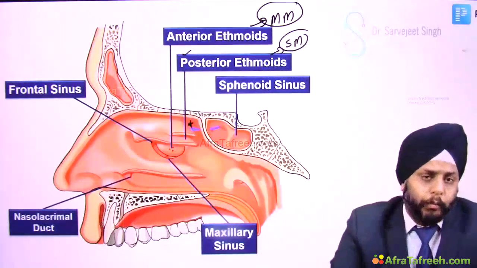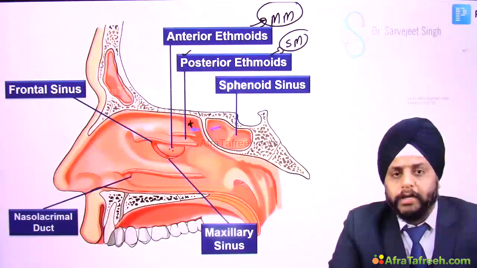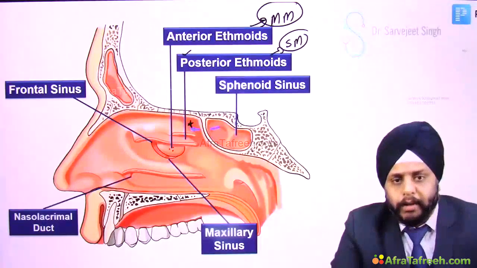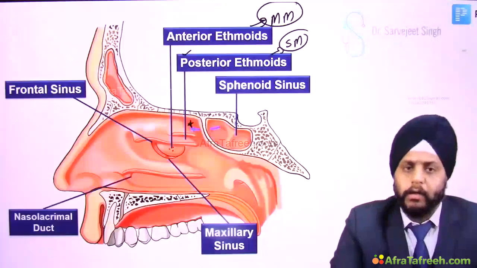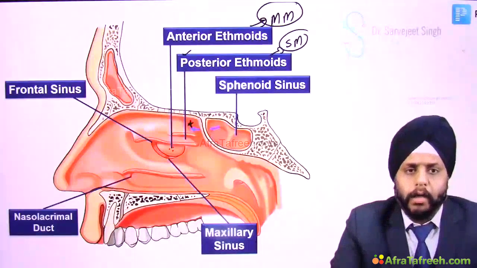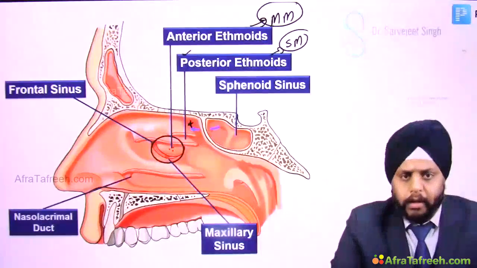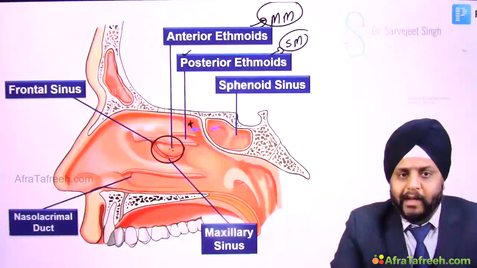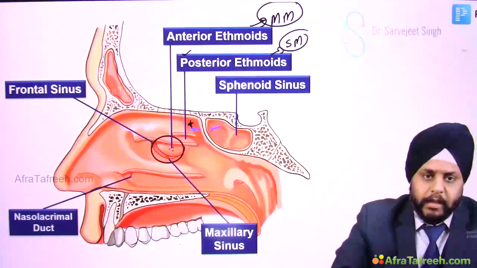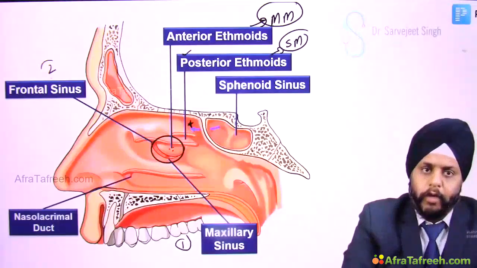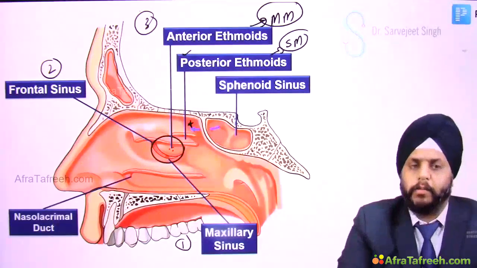So if there is a supreme turbinate, then the sphenoid sinus will be opening in supreme meatus. Otherwise, it usually opens in sphenoethmoidal recess. Right? Okay. So remember, in the middle meatus, 3 sinuses are opening together: maxillary sinus, frontal sinus, anterior ethmoids.